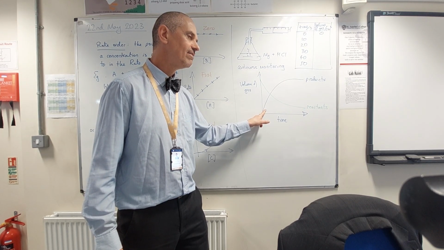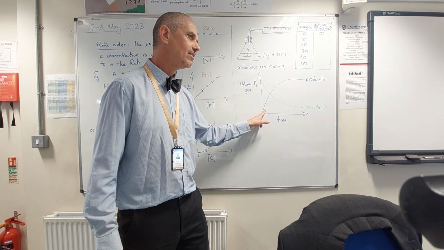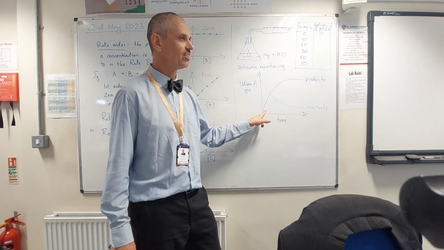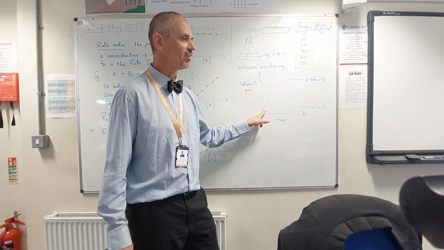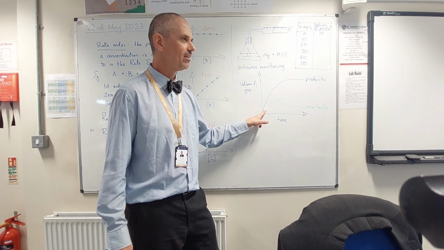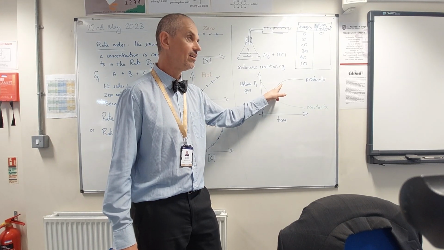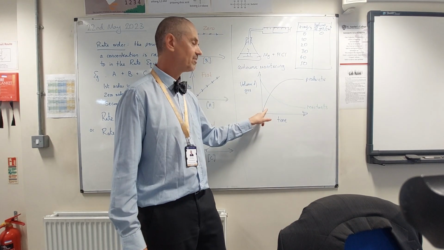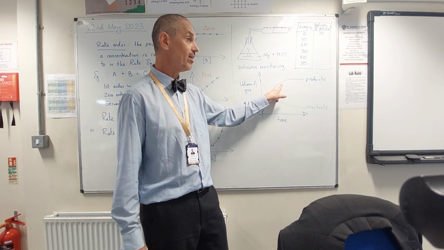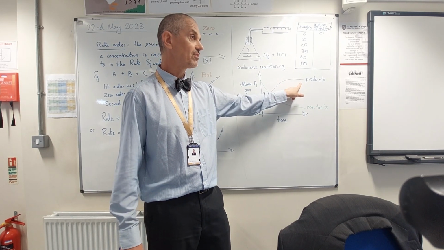It's like a linear increase at that point. What could you tell me about the reaction going on in the flask at this point, compared with, say, this point? It's reacting faster. Right. So faster here, slower. What's stopped?